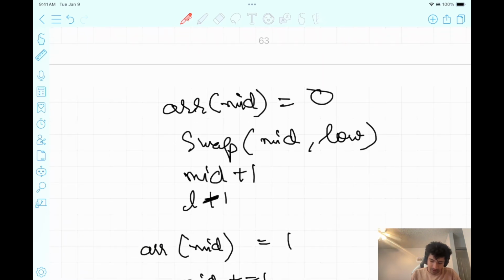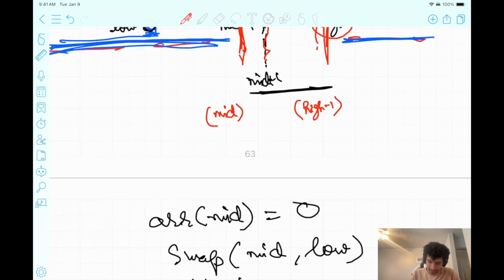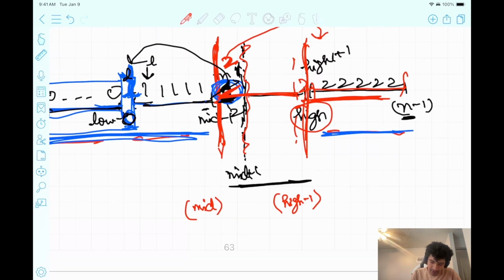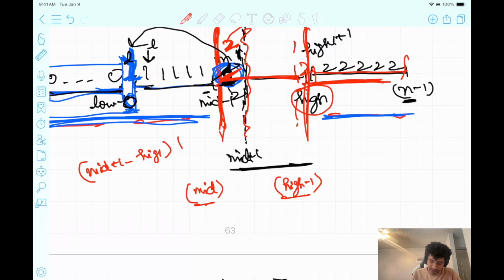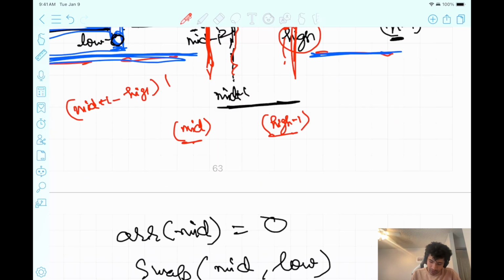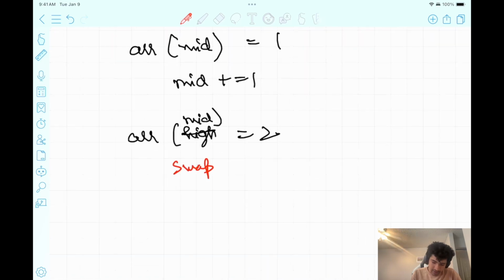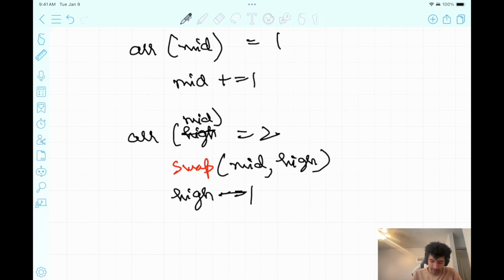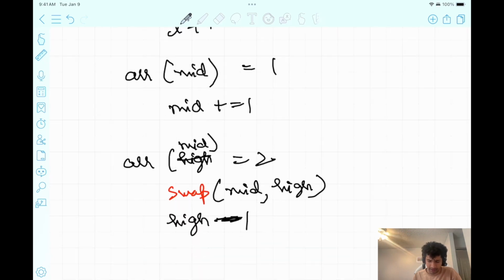So when it was 1, our window size was going from mid plus 1 till your high, and now it is going from mid till high minus 1. So what is essentially happening is you are swapping your middle element with your high, and then you are also decrementing high by 1, right? And mid will remain in its original place, that should be fine.